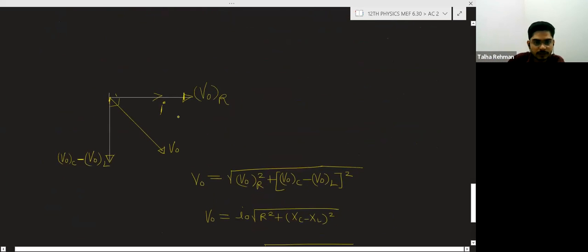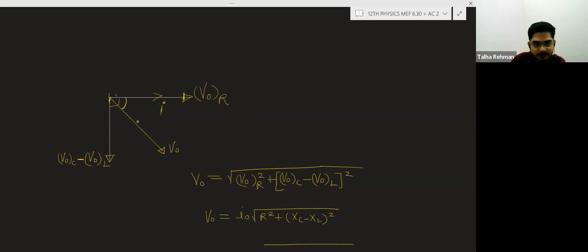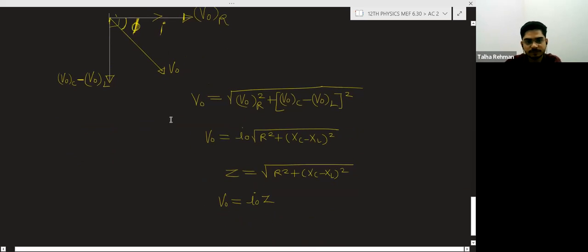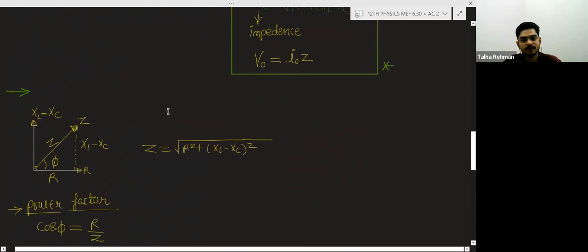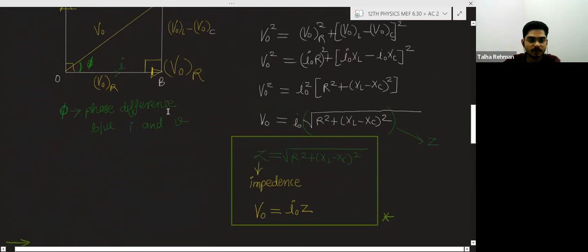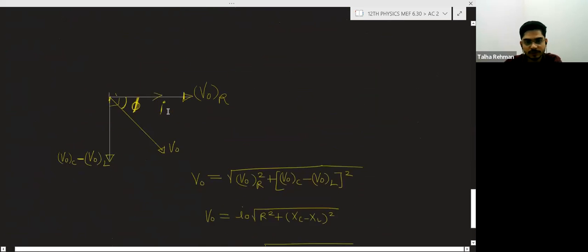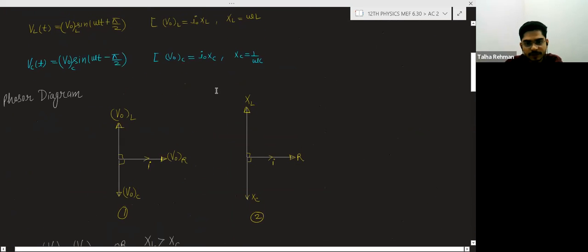Okay, so this is the current in the LCR circuit, and this is the resultant voltage in the LCR circuit. So suppose phi is the phase difference between the current and the voltage. Okay. So this phasor diagram also we can modify.